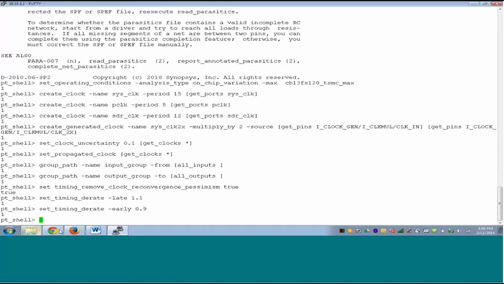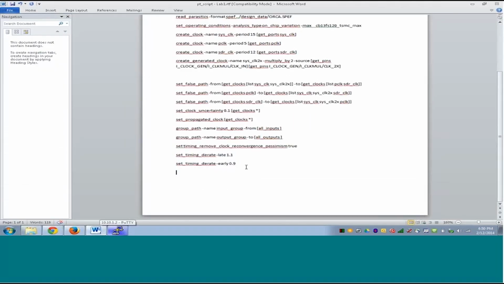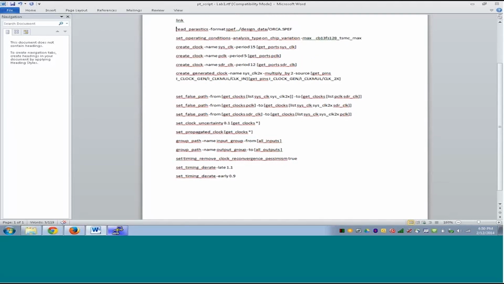So what is special for post layout? Timing derate, turning CRPR on, propagating the clock, reading the parasitics, setting it to OCV. So these are the important things. You read the actual parasitics. By doing set propagated clock, you are forcing PrimeTime to calculate all the proper latencies.